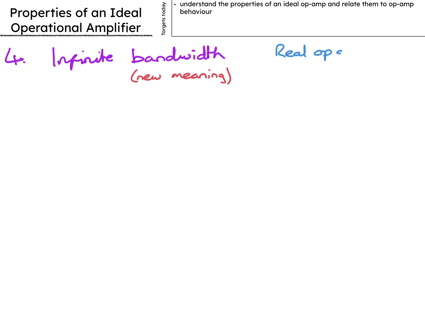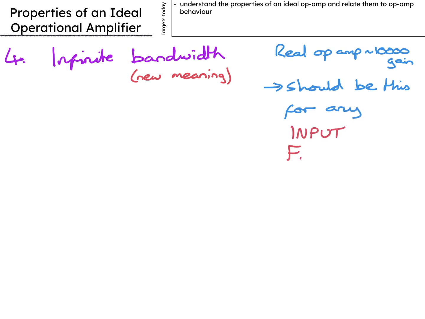Ideally it would be infinite, but for bandwidth, ideally it should have exactly that value for any value of input frequency. Let me stress that. Input frequency. Remember, we are thinking about AC here, and AC can have any frequency.